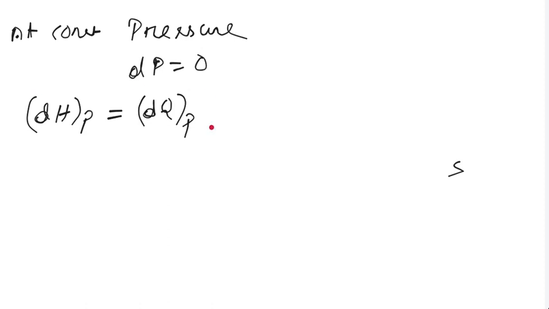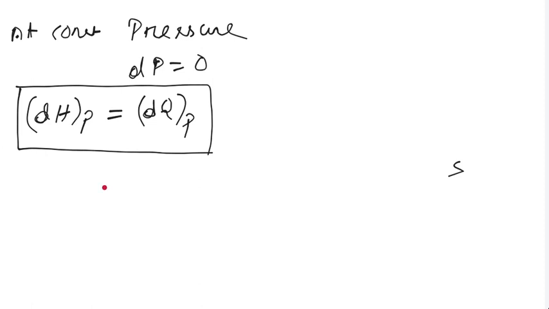So that means at constant pressure, enthalpy is equal to heat content. So during the reaction, whether reversible or irreversible, any change in enthalpy at constant pressure can be measured by the change in heat absorbed or heat released by the system. The dH equal to dQ.